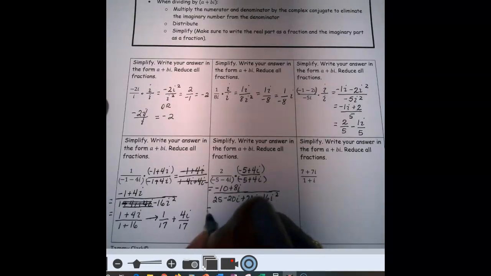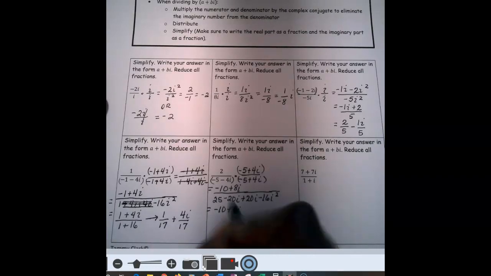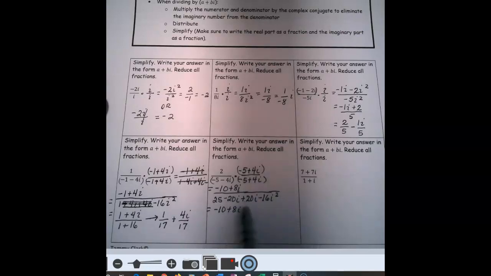So let's go ahead and simplify. We've still got negative 10 plus 8i. What we know is negative 20i plus 20i, they have the same coefficient but opposite signs, so they eliminate each other. And we're left with 25 minus 16i squared. Well, we know what that is, don't we?